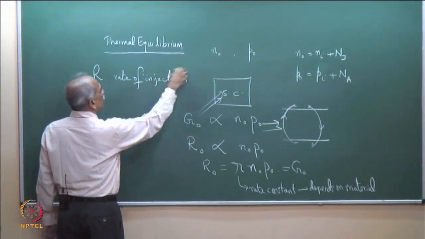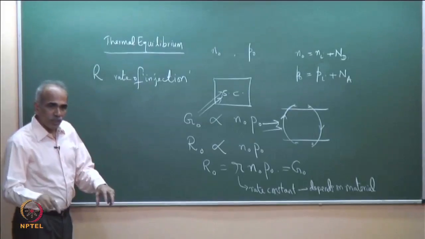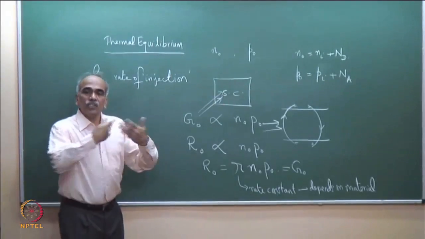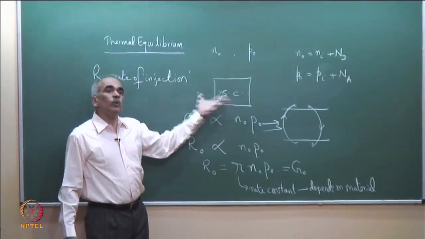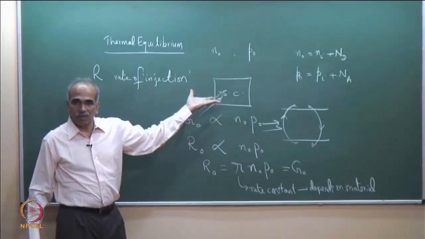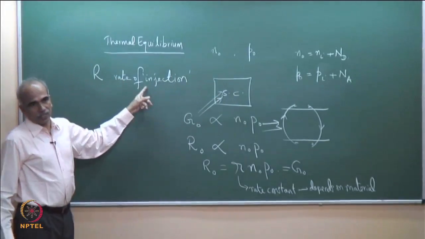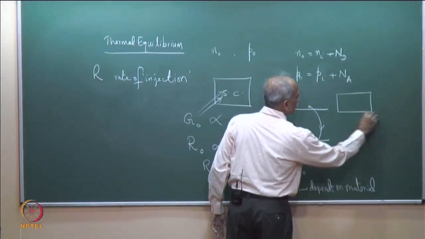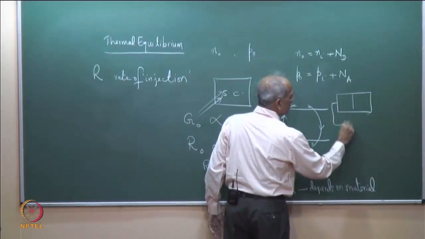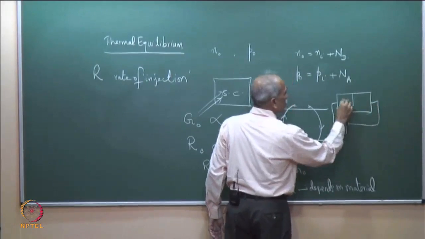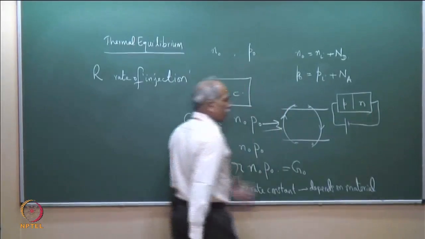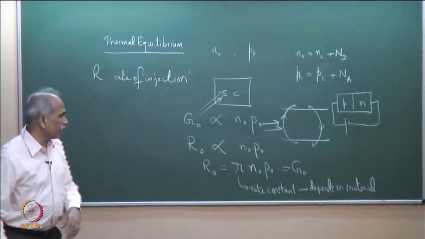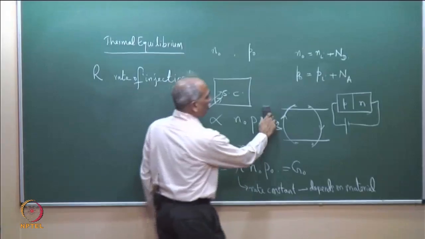Why do I use the word injection? Because normally we have these additional carriers injected through a forward biased p-n junction. That is why we use the word injection. So, you take a p-n junction and forward bias it, then, as we have seen, the carrier concentrations and their profile change.